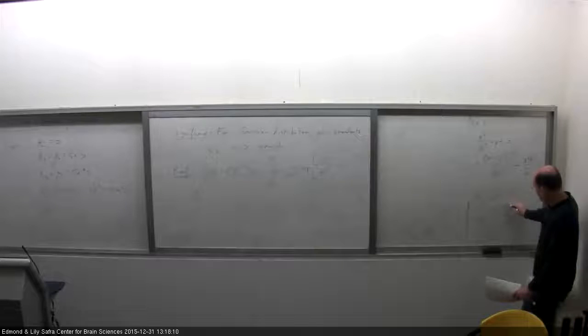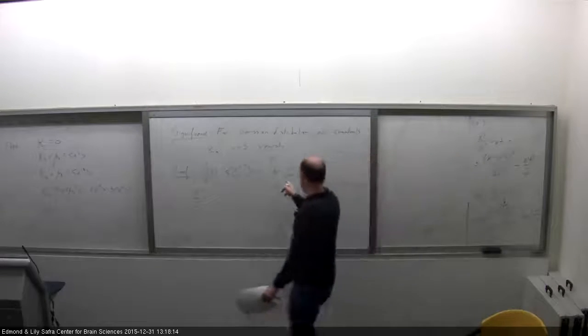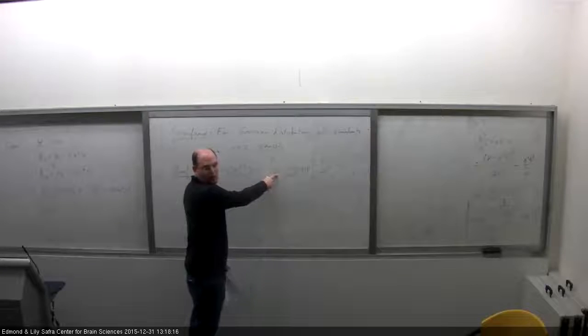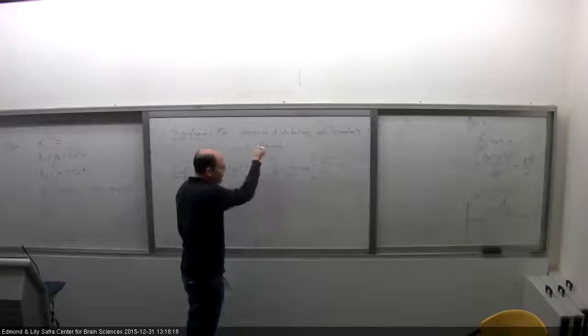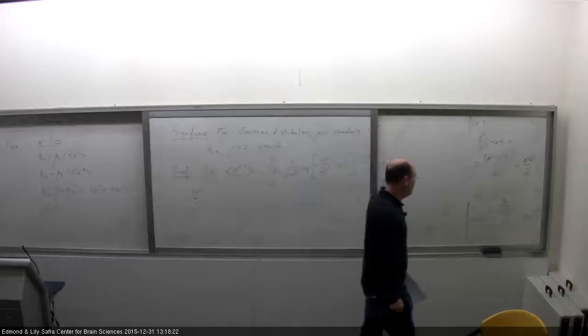Now let's call this x tilde. And I can do a shift of the variable x. X goes anyway from minus infinity to infinity, so x tilde also goes from minus infinity to infinity.